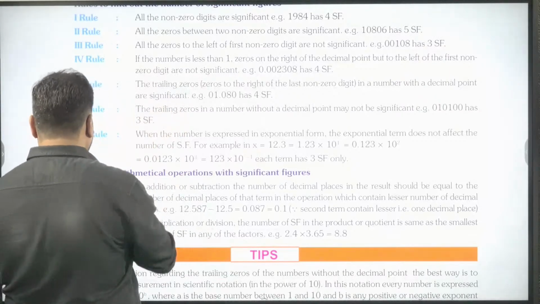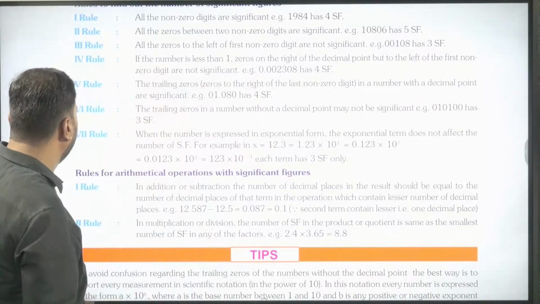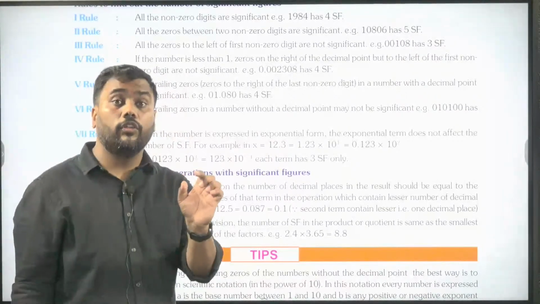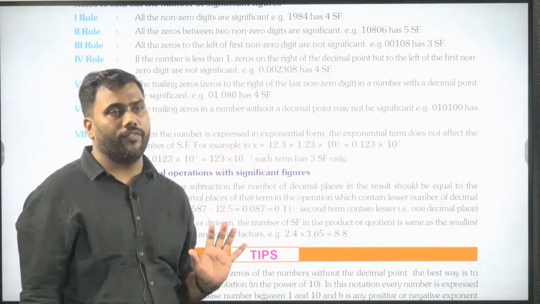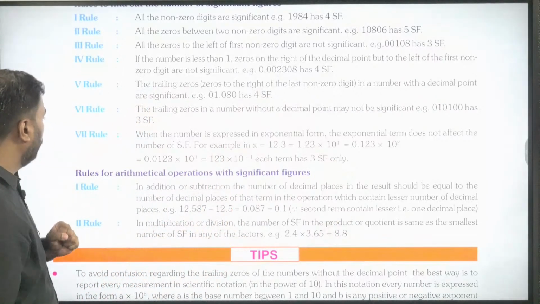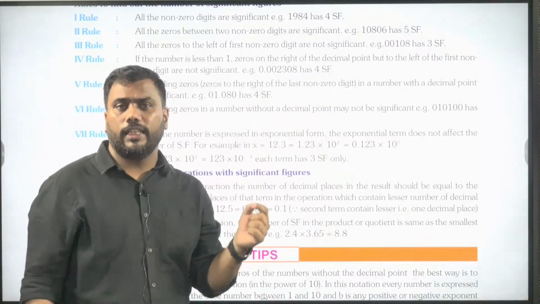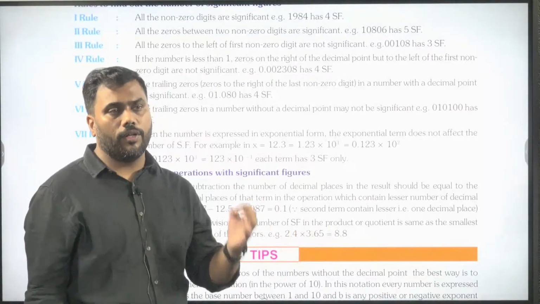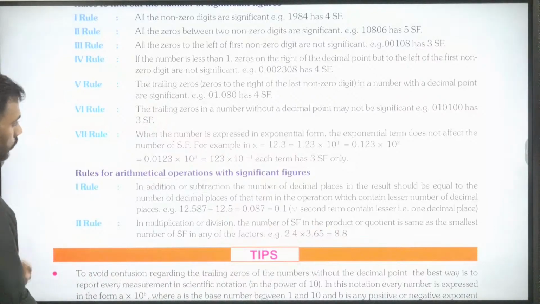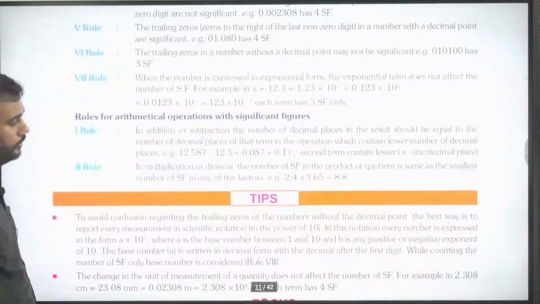So remember for rule 6, if the zeros after non-zero digits are from measurement, those will be significant. Seventh rule: exponent, changing the powers of 10 doesn't change the number of significant digits. So these are our rules of significant digits.